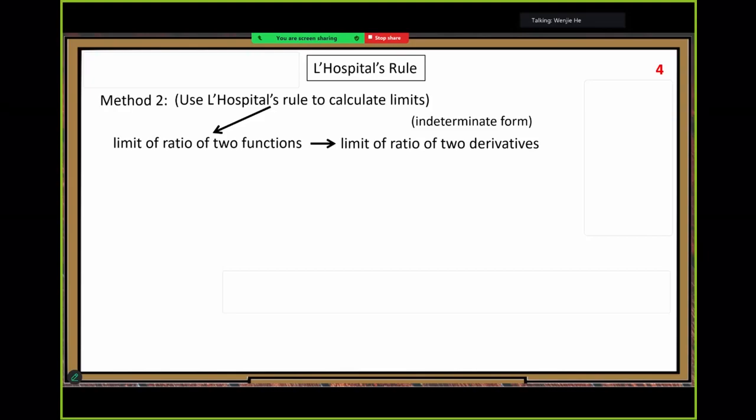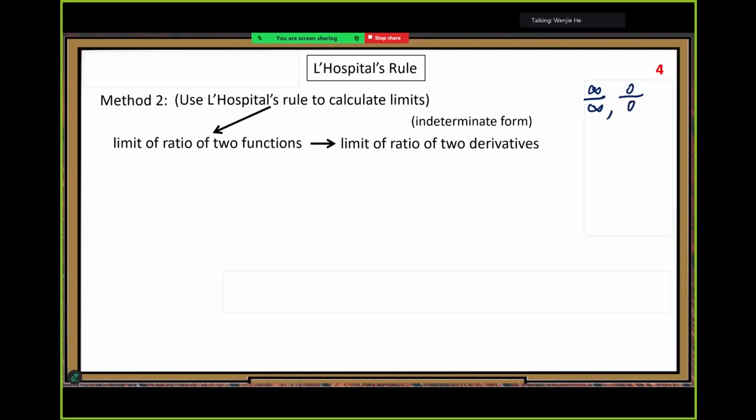In calculus, there is this concept, indeterminate form. There are several indeterminate forms in calculus. One is infinity over infinity. Another is 0 over 0.